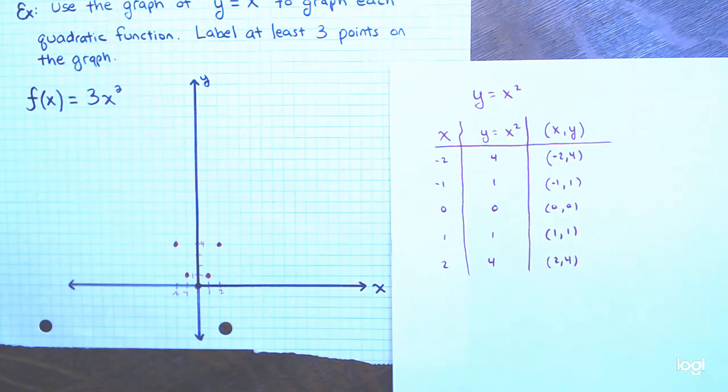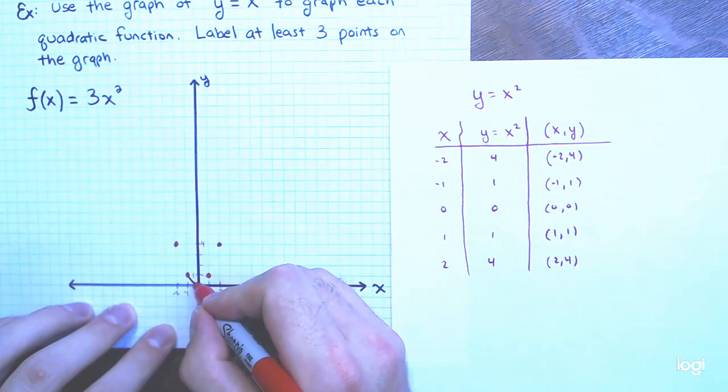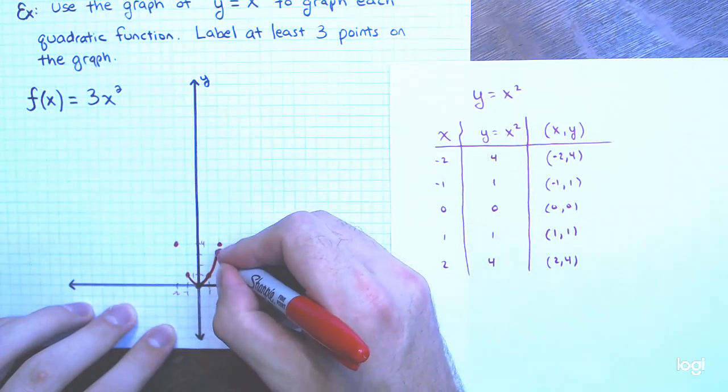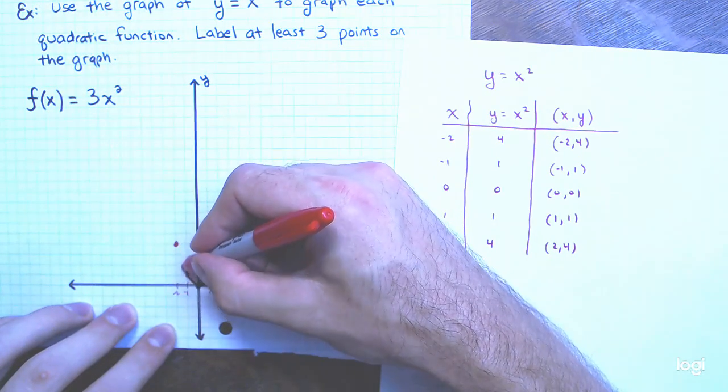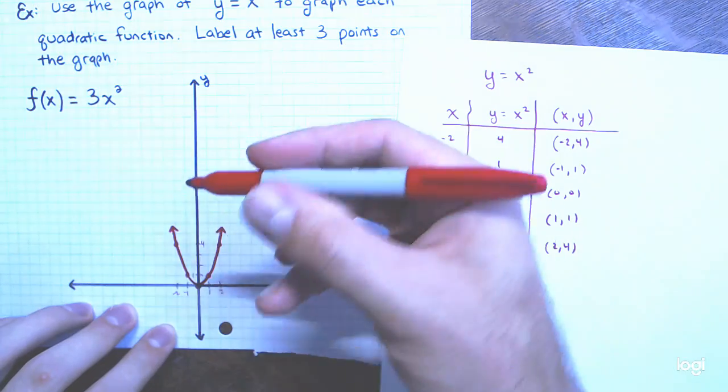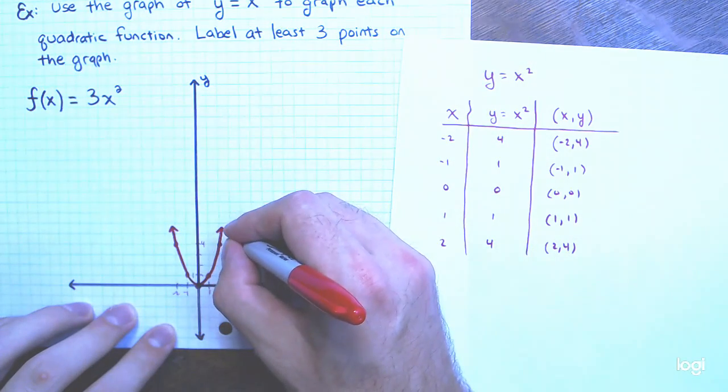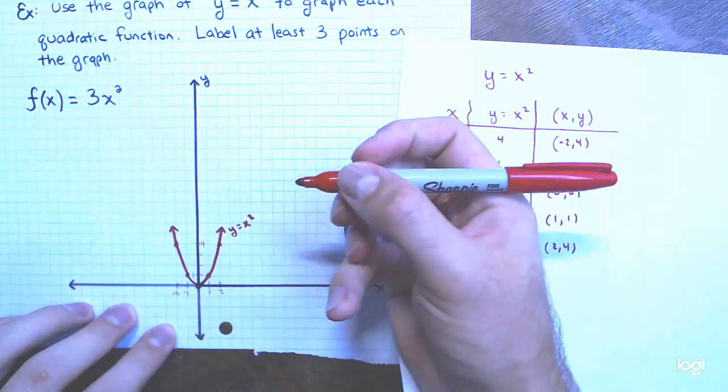Okay, and again, I'll just do this in this dark red color, going up that way forever, and up this way forever as well. All right, there's the graph of y equals x squared.